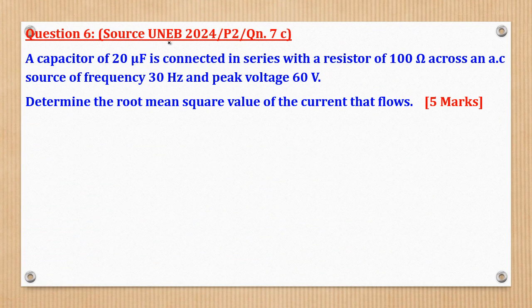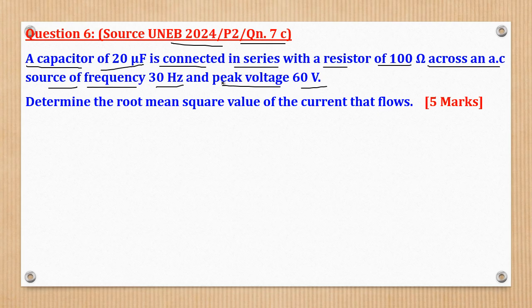Then question 6 came from UACE 2024, which is last year, Paper 2, question 7c, and it says a capacitor of 20 microfarad is connected in series with a resistor of 100 ohms across an AC source of frequency 30 Hz and peak voltage 60.